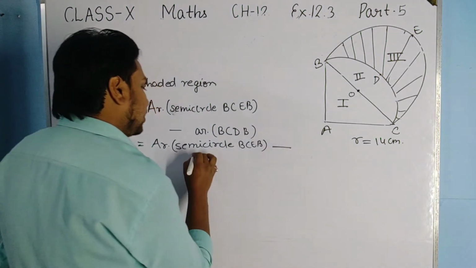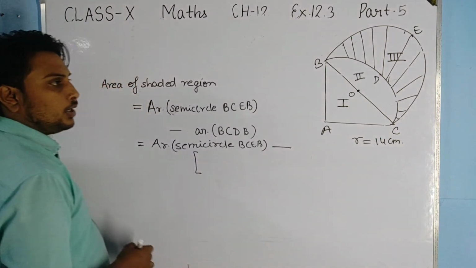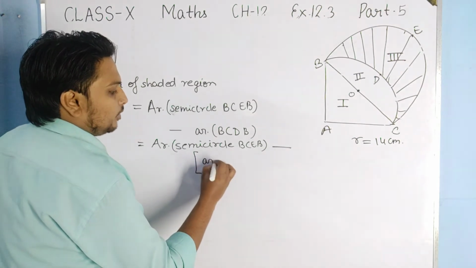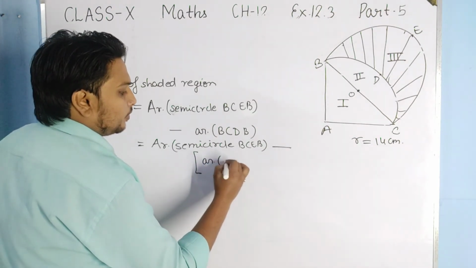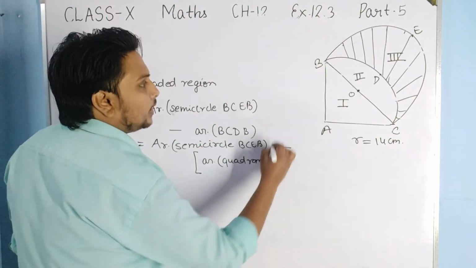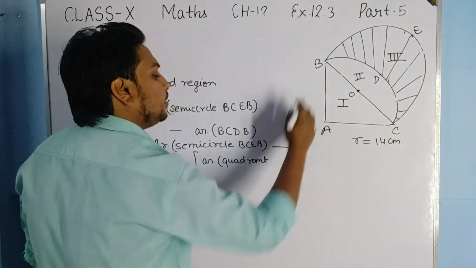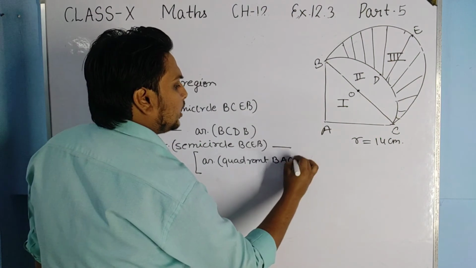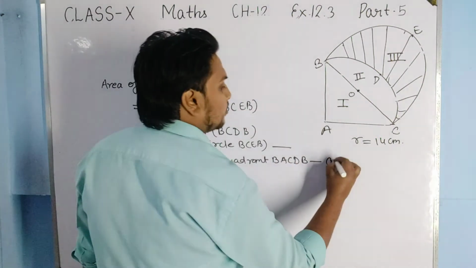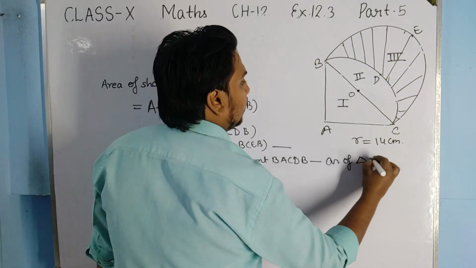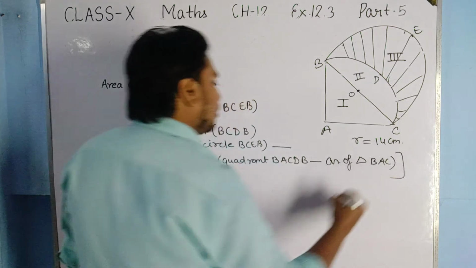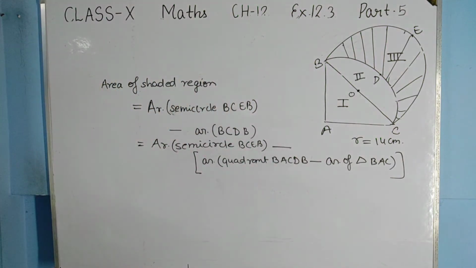For this, students, we have to calculate something. Firstly, we will find the area of the quadrant BACDB, minus the area of triangle BAC.